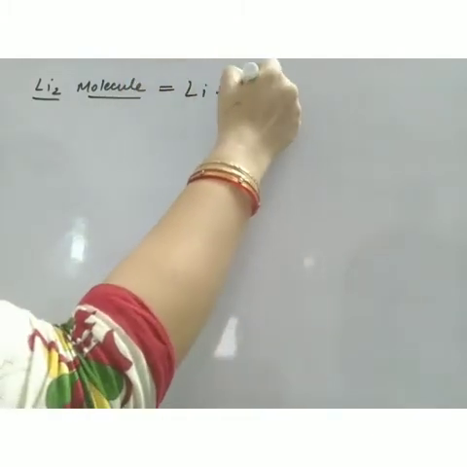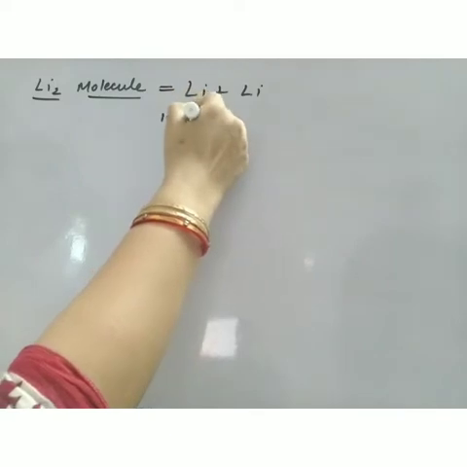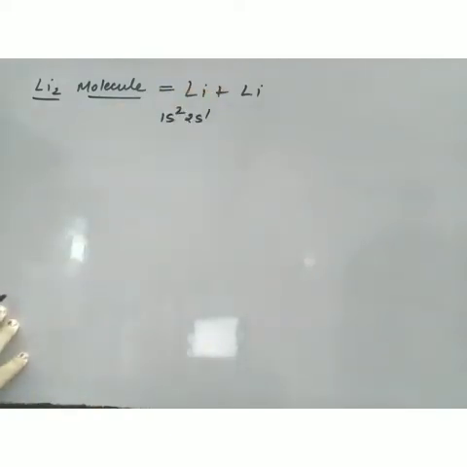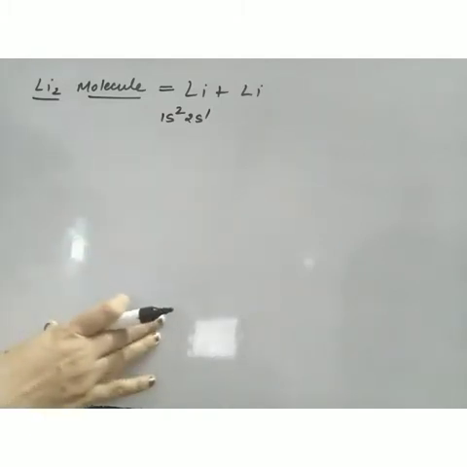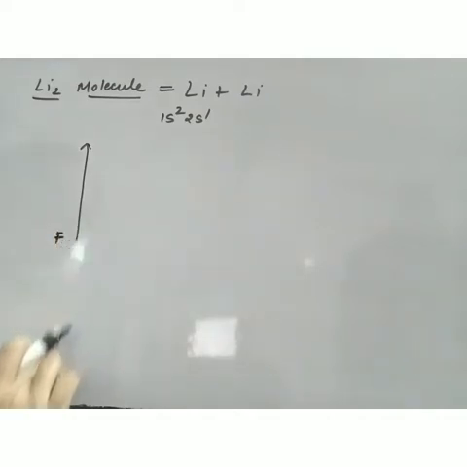Now the lithium molecule is made up of lithium plus lithium, and the electronic configuration for lithium is 1s2 2s1. So the energy level diagram will have the diagram for 1s and the diagram for 2s. From here to here, your energy increases.